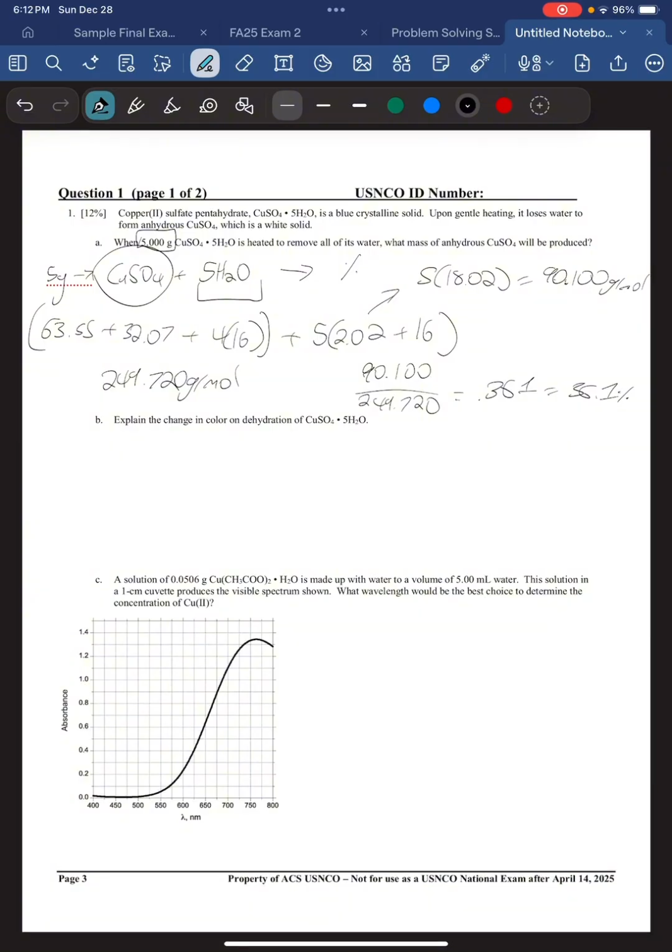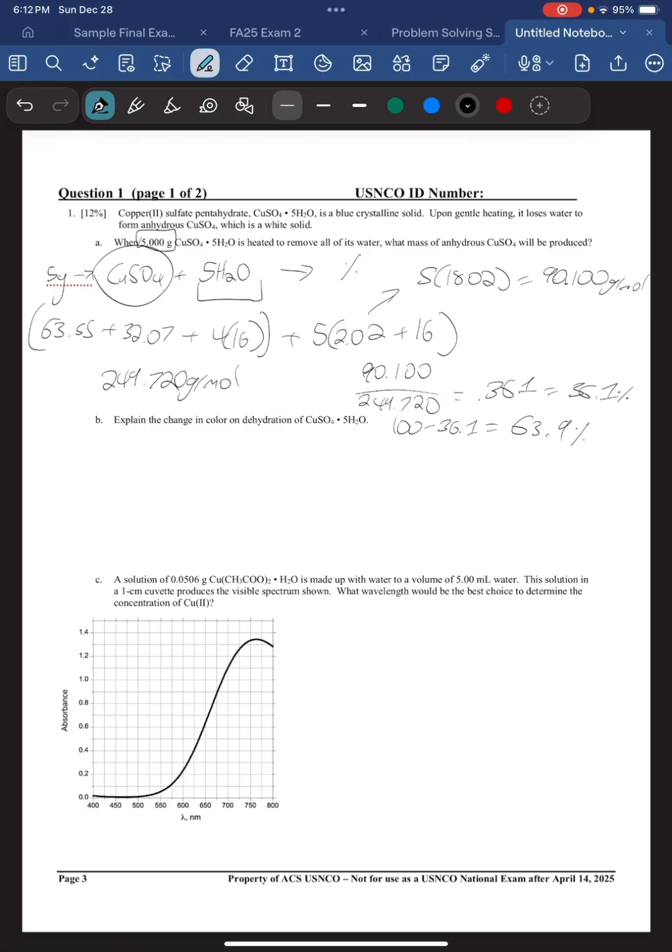Now let's find what percent is just the anhydrous copper sulfate. So we can say 100 minus 36.1 equals 63.9%. So 63.9% of our 5 grams is equal to the anhydrous copper sulfate.